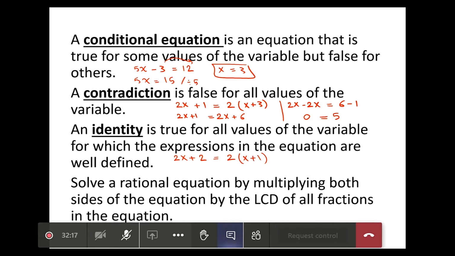Identity means if we replace any value of x, half, 1, negative 1, 0, 100, 1 million, minus 5,000, any value, this is correct. The equation is correct. Left hand side equal right.